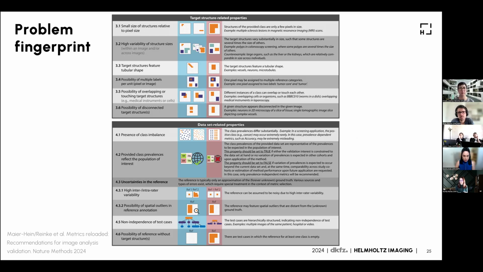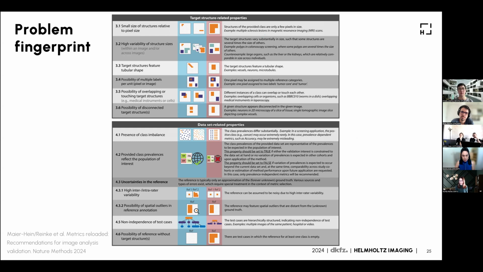Or do we have, for example, tubular shaped objects? We often see that in the surgery context where we have surgical instruments. Or things like, do we have overlapping or touching targets? Or when we come to the dataset, it's more about class imbalances or prevalences, or also things like what we heard about in the last talk, uncertainties in the reference.